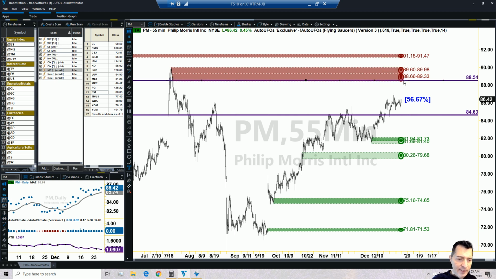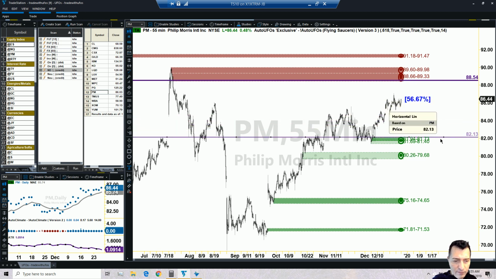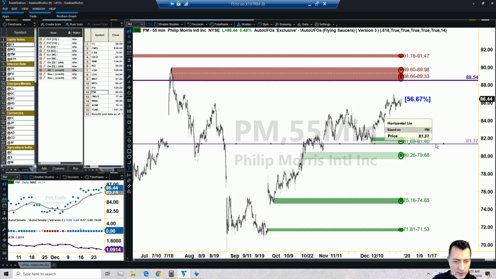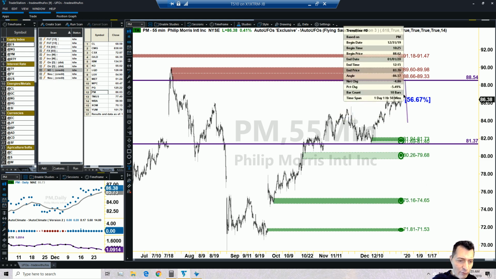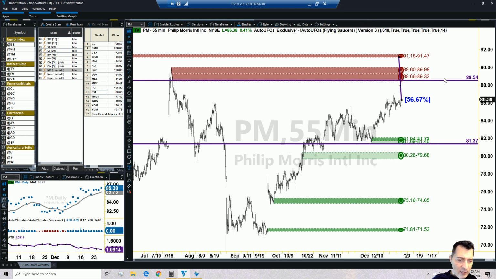In other words, if you were to stretch your lines to where you find the next two UFOs, we would be dealing with 81.37 if I measure the vertical distance from the current price to the bottom purple line. I don't need to be that precise, but if I measure the distance and project it to the upside, we would be dealing with the next UFO. So basically price is somewhere in the middle between 81 and 91.